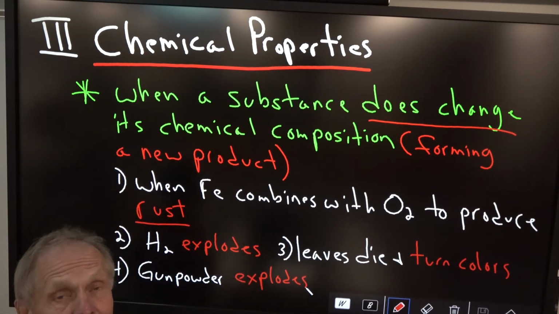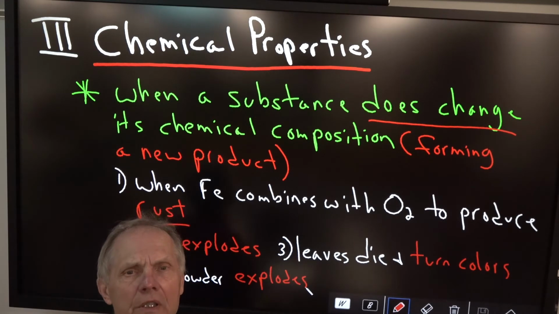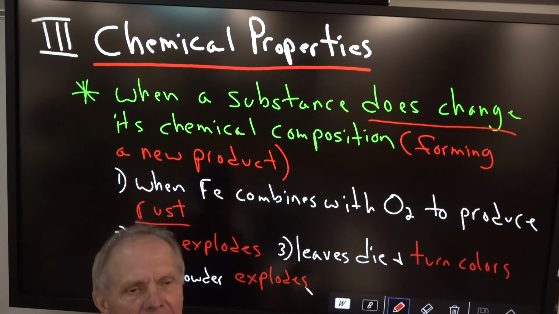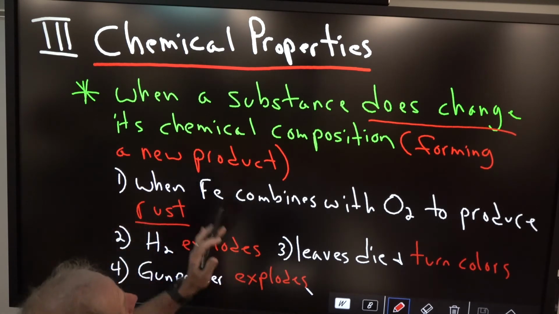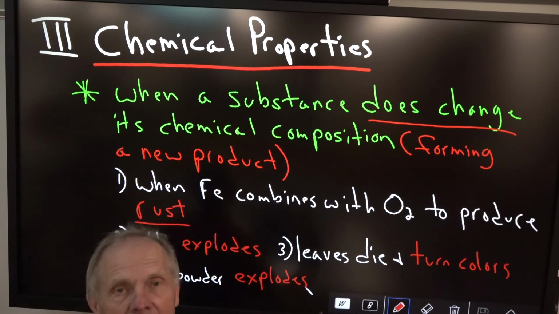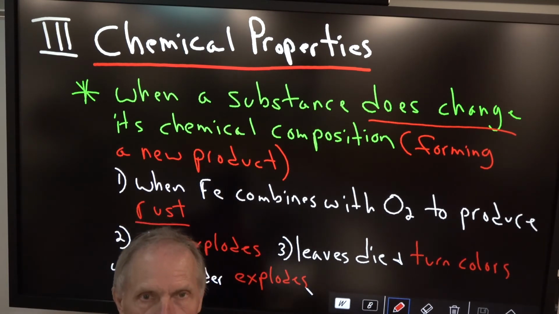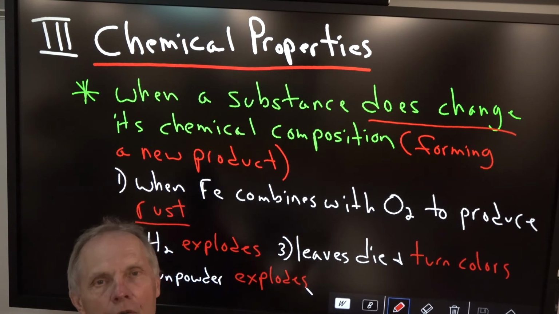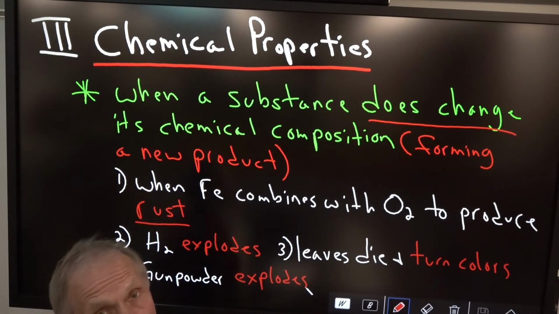When gunpowder explodes, that's a chemical property. If there is an odor coming from somewhere, that's a chemical property. Okay, so just remember, for chemical properties, you get a new product. All right? When a substance can produce a new product, that's a chemical property.